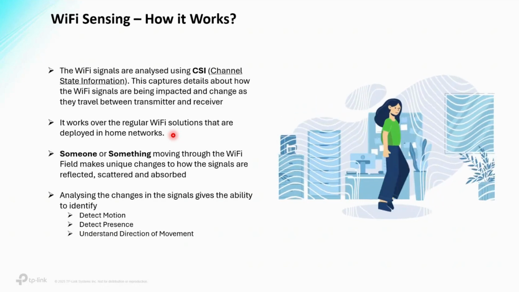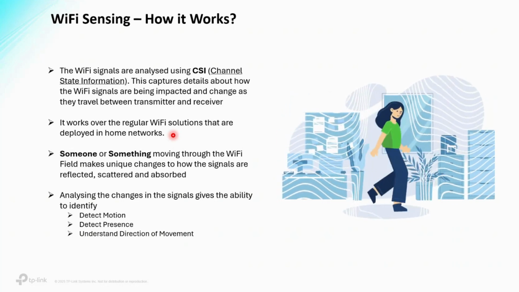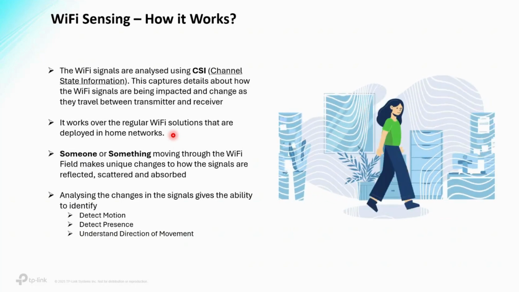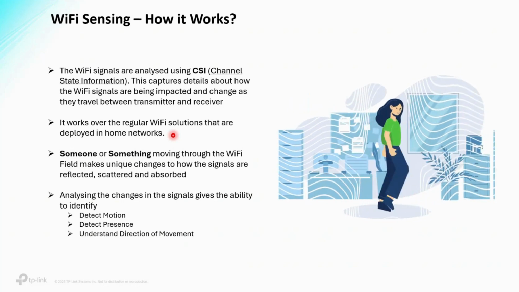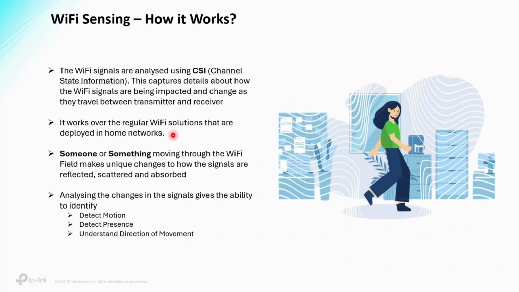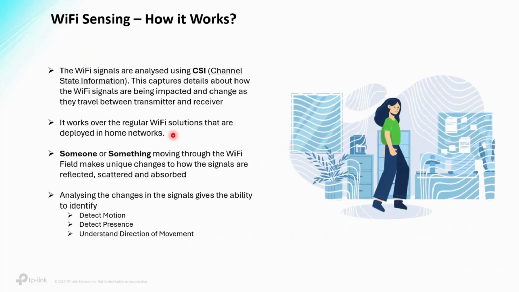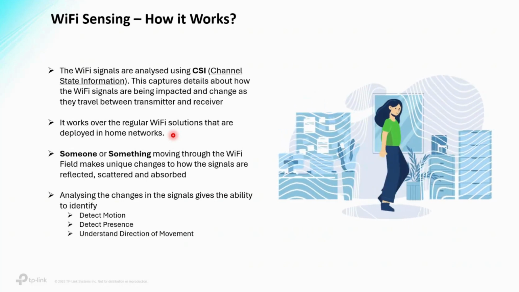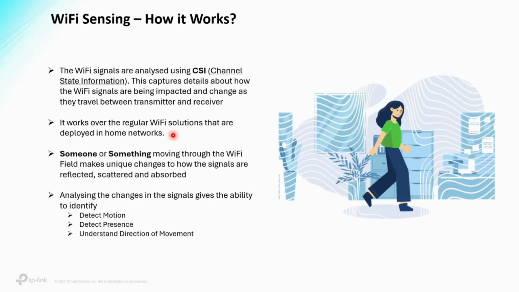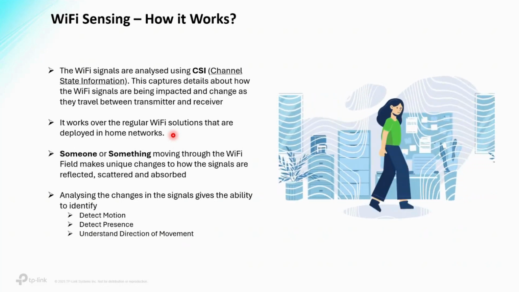So is it human? Is it a pet? Is it a dog or a cat? It can be really sensitive, to the point where not only can you detect if it's human or not, you could actually start to detect individuals. So you'd know if it was one person who's, I don't know, 5'6" and another person who's 6'4". You can start to detect differences like that. It's really clever and opens up a whole lot more opportunity.